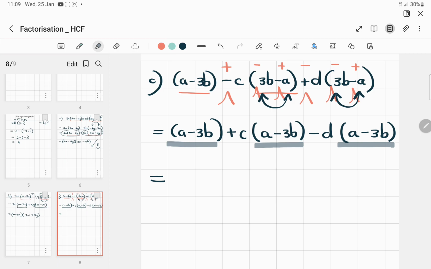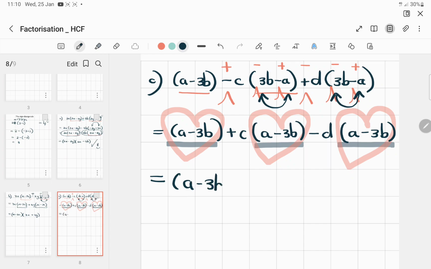All right, so I always do it like, I highlight them like that in a heart. And then if you're going to take out the a minus 3b. Okay, so remember this term. If you divide it with exactly that, there's a 1 left.